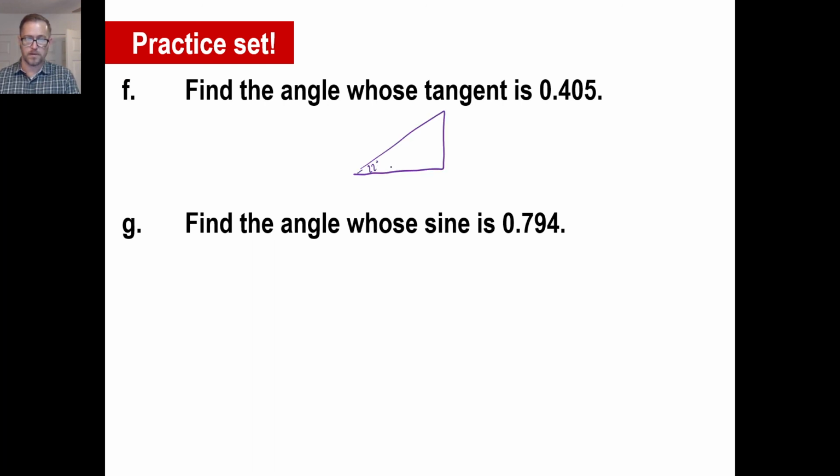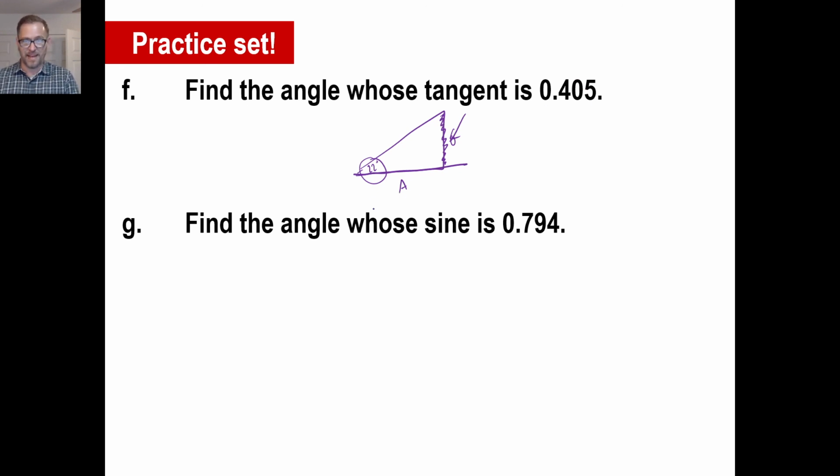The definition of tangent is opposite over adjacent. If your angle here is 22 degrees, then this side length will be 40.5% of that side length. That's just the way it works.